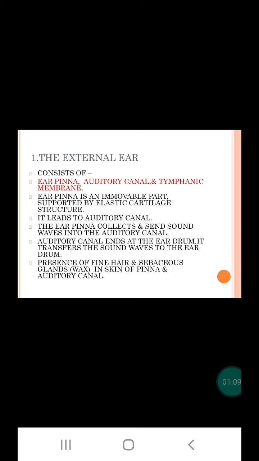The ear pinna collects and sends sound waves into the auditory canal, and the auditory canal ends at the eardrum. It transfers the sound waves to the eardrum. There are fine hair and sebaceous glands, which secrete sebum or wax, in the skin of the pinna and auditory canal.